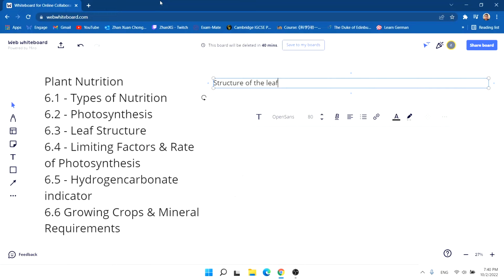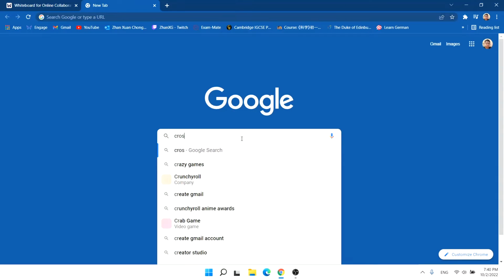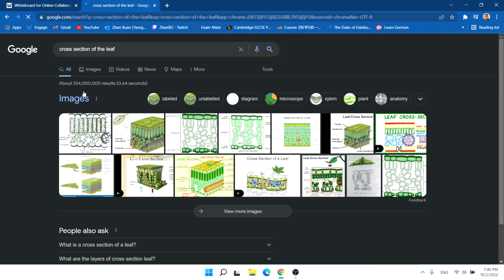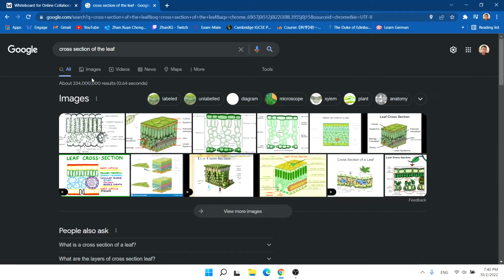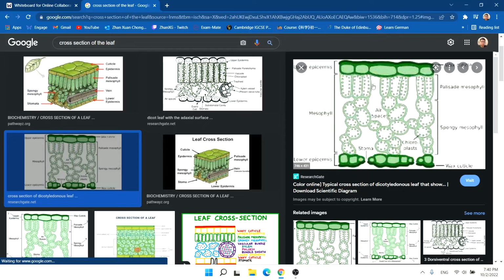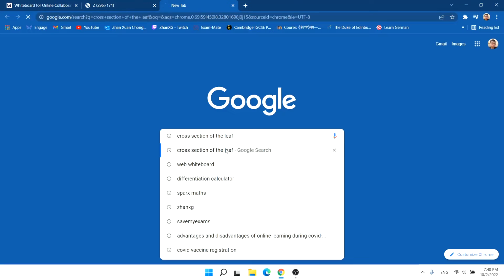We're going to show you a cross section of the leaf. Have a look at this picture. It's a bit too small. Give me a sec there.